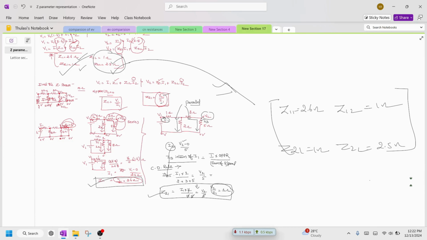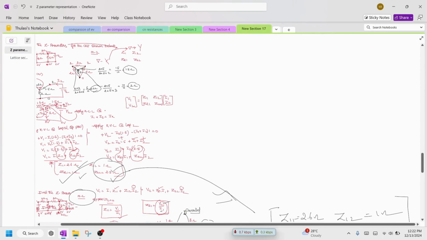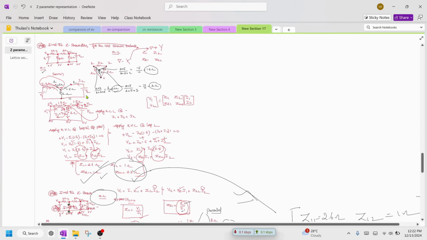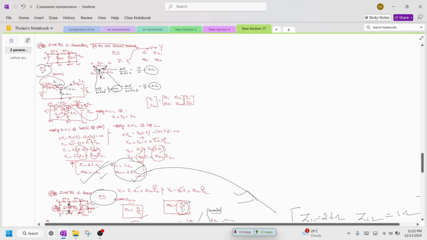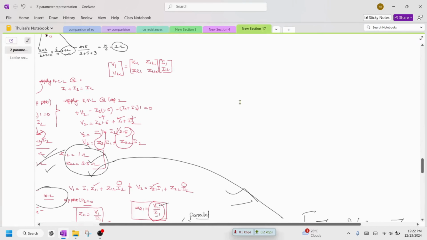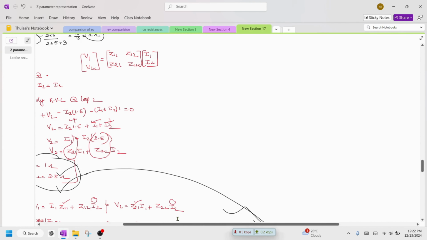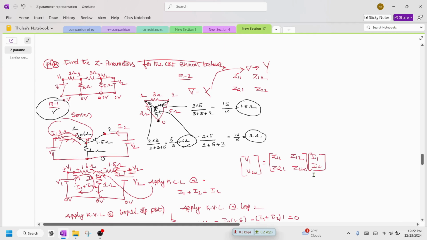Method 1 and method 2: this one we solved by method 2, and this one by method 1. Here we employed the conversion, which is the first method. Whatever it may be, we have successfully found the Z parameters of the given network.